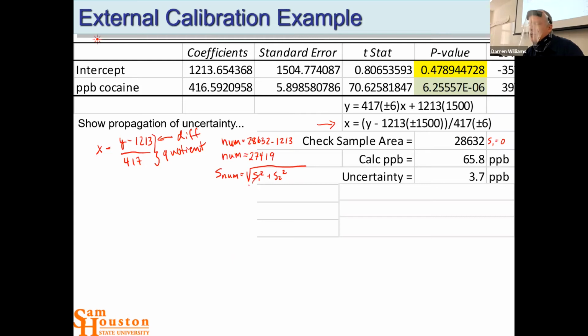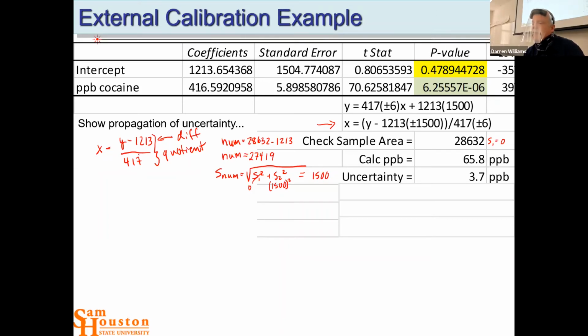So this one is 0 in this particular case because we don't have an uncertainty with our check sample. But we do have uncertainty with this B value. So this is 1500 squared. We're going to 1500 squared, add 0 and take the square root. So it's just going to be 1500, right? That's the uncertainty in our numerator.